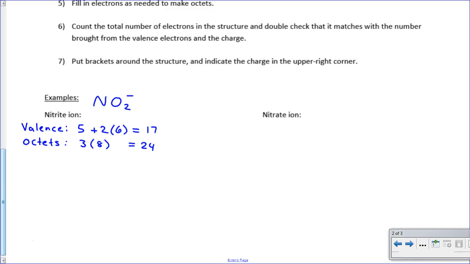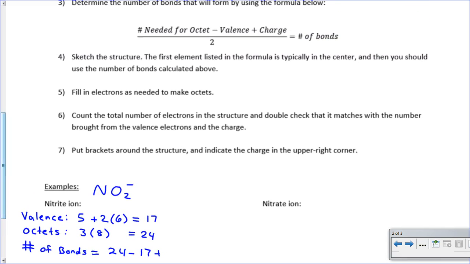And then as the last step here, we calculate the number of bonds. The number of bonds is equal to the octet, which is 24, minus the valence, 17, plus the charge, all over 2.